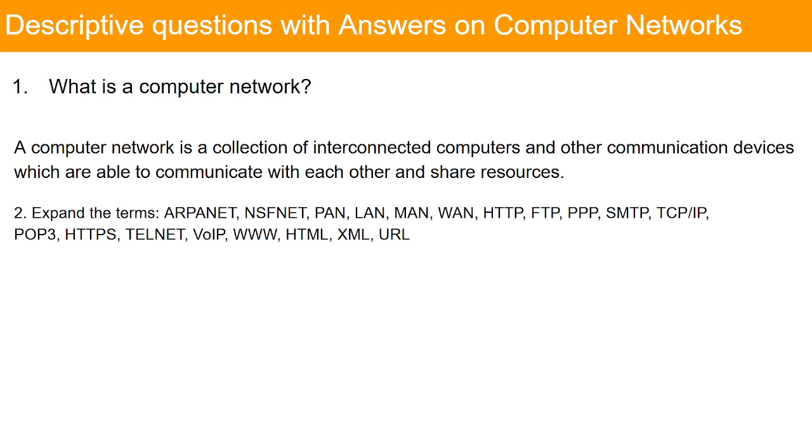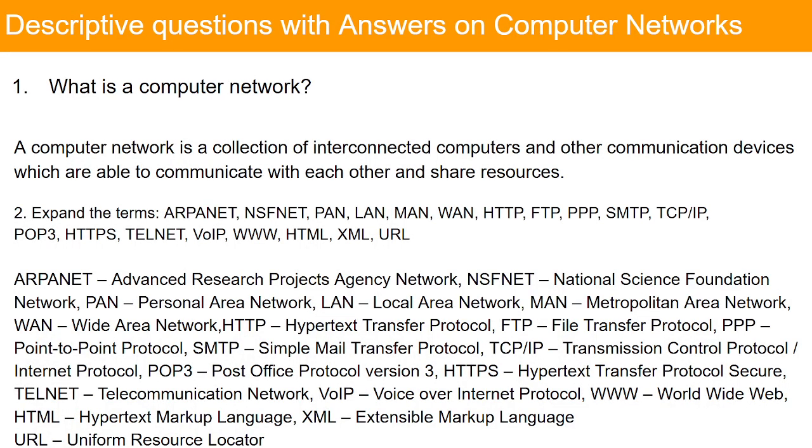So the answer of these expansions is: ARPANET means Advanced Research Projects Agency Network, NSFNet National Science Foundation Network, PAN Personal Area Network, LAN Local Area Network, MAN Metropolitan Area Network, WAN Wide Area Network, HTTP Hypertext Transfer Protocol, FTP File Transfer Protocol, PPP is Point to Point Protocol, SMTP Simple Mail Transfer Protocol, TCP/IP Transmission Control Protocol and Internet Protocol, POP3 Post Office Protocol version 3, HTTPS is Hypertext Transfer Protocol Secure, HTML Hypertext Markup Language, XML Extensible Markup Language, URL is Uniform Resource Locator.